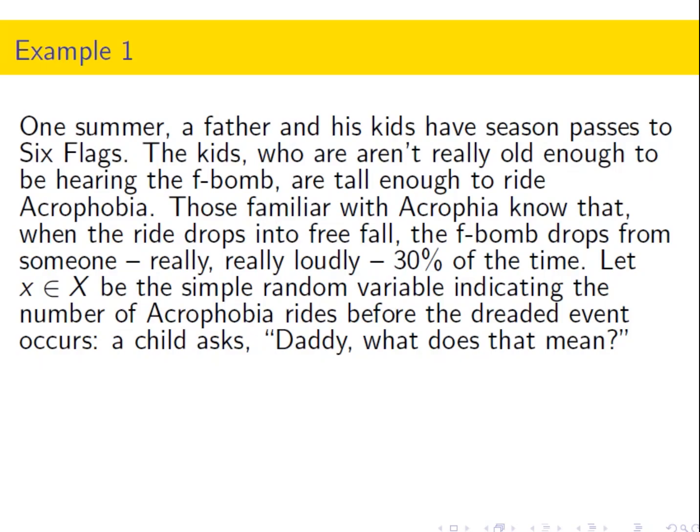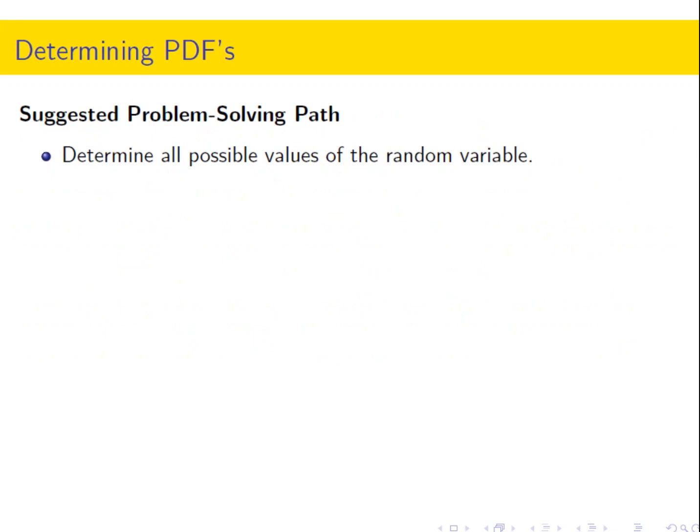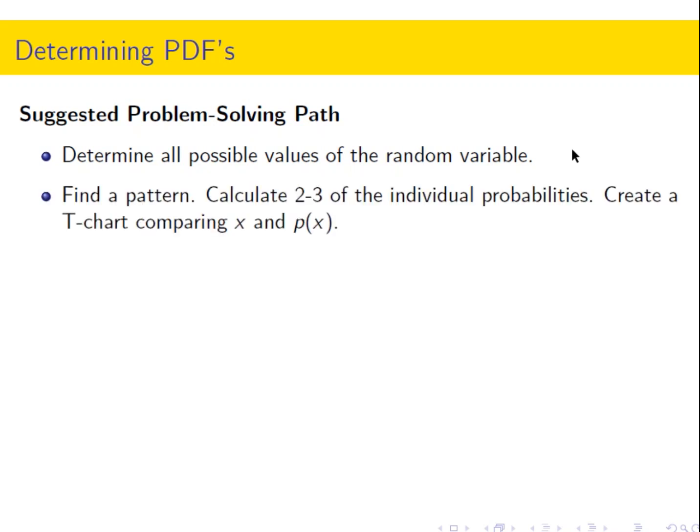So now you've seen the process. Let me sort of summarize what we're going to try to do. I think the best way to understand the flow and the logic of these 4 distinct probability density functions is to make this t-chart, right? First of all, we're going to determine all possible values of the random variable, so we'll know whether there's a finite number of trials or whether there's a possibly infinite number of trials.